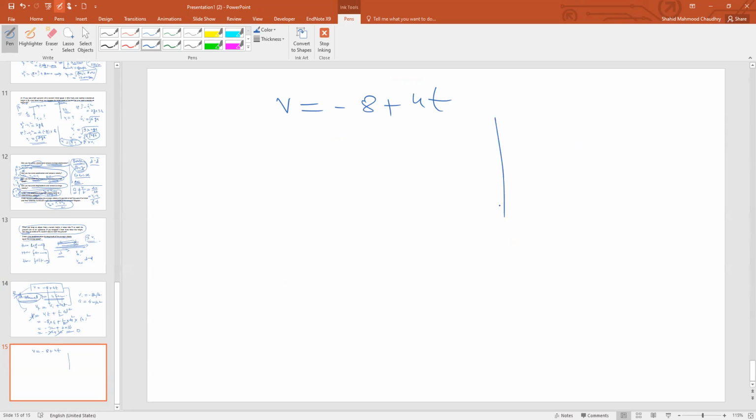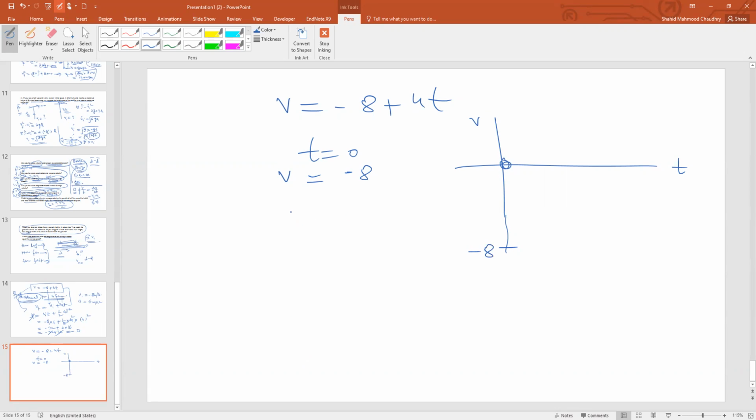If T is equal to 0, what is the answer? V is equal to -8. This is your time axis, this is your V axis. So this is 0 and this is -8.